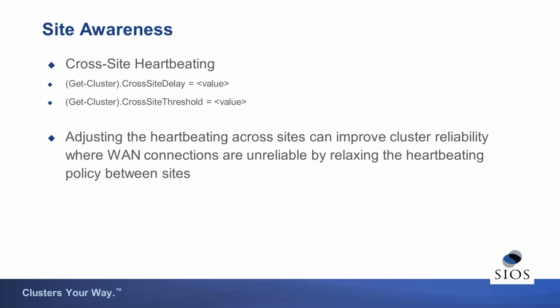So if you have a WAN connection that maybe is not entirely reliable, or that has dropouts occasionally, by adjusting these cross-site delays and cross-site thresholds, you can essentially relax the policy so that you can have an extended outage of your WAN link without actually impacting the votes in your cluster.